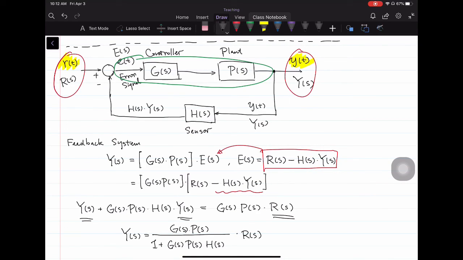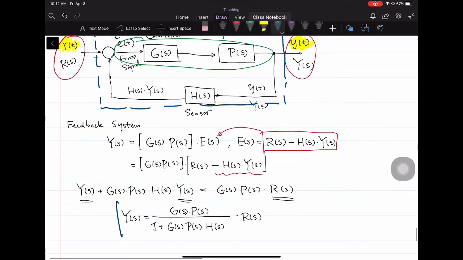Meaning if we wanted to know the transfer function of this whole thing from the reference to the output, this equation is the one to use.